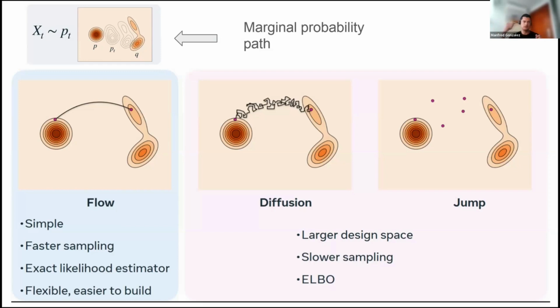Normally, they have to simulate each of the intermediate steps of this trajectory until you reach a more complex distribution. But flow matching came to solve this problem in a really simple and straightforward way, to be able to train your algorithms and generate new data in a much easier way.